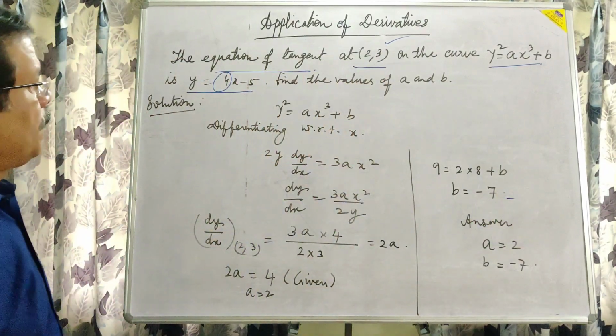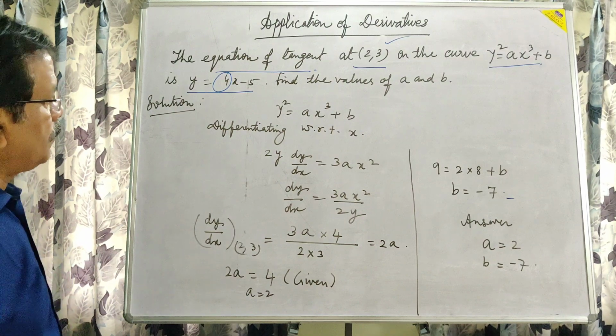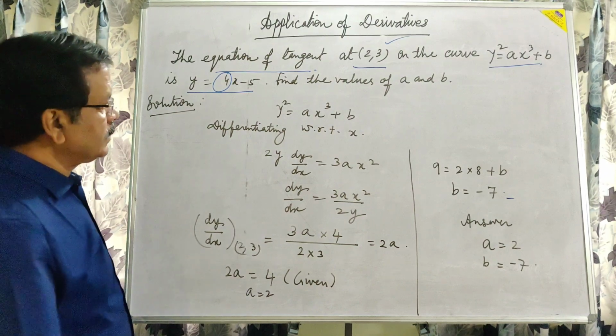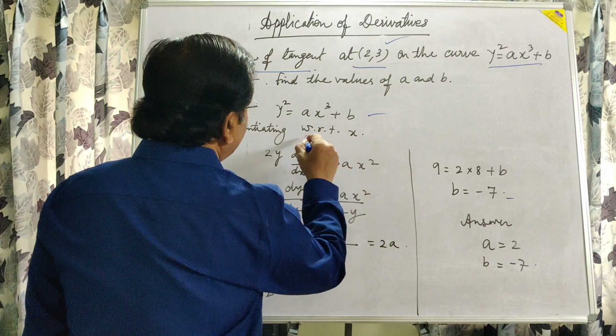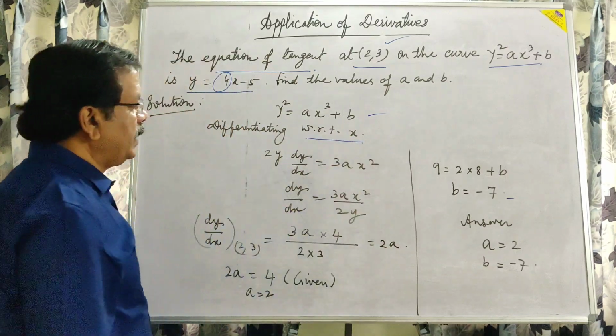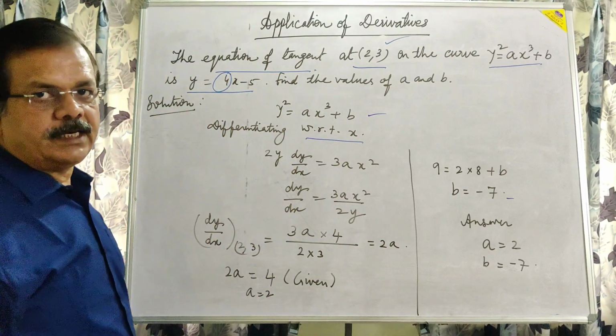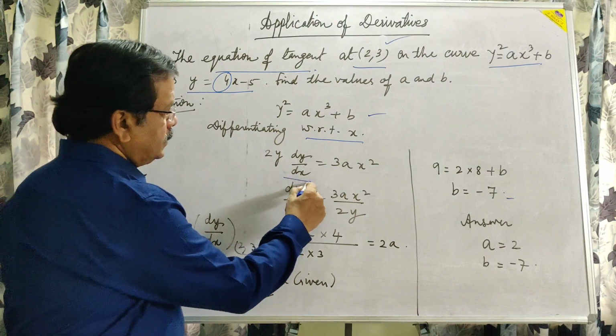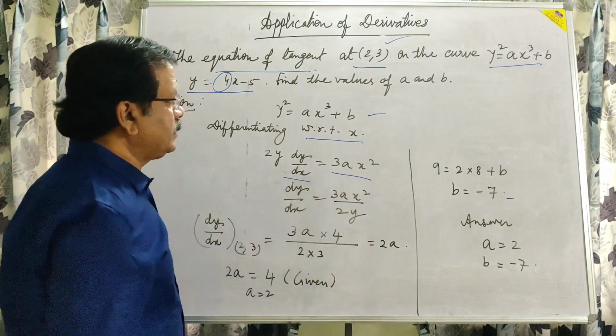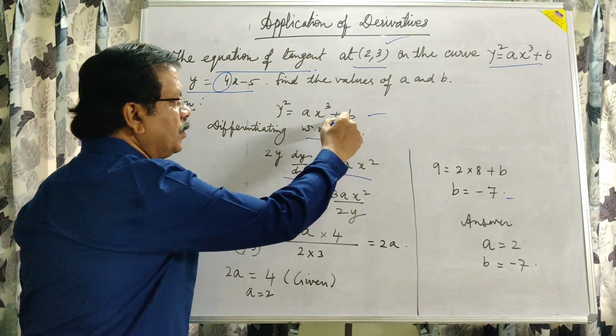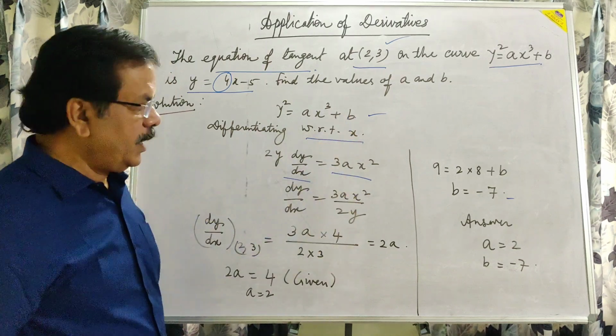Now see here, you are given the equation of curve y square is equal to ax cube plus b. Differentiating with respect to x both sides, we get 2y dy by dx is equal to 3ax square, and the derivative of b will be 0 because it is a constant.